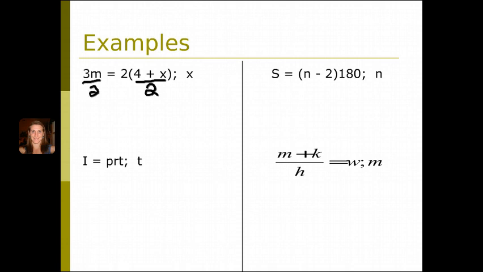Whatever I do on one side, I must do to the other. So I'm left with 3 over 2m equals 4 plus x. To get x by itself, subtract 4. So I am left with x equals 3 over 2m minus 4.